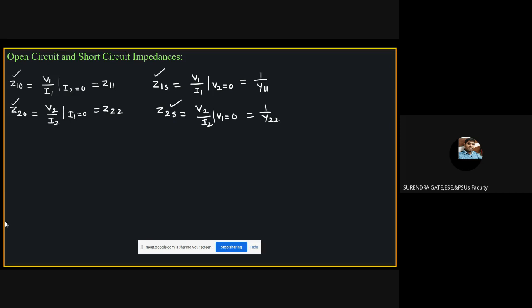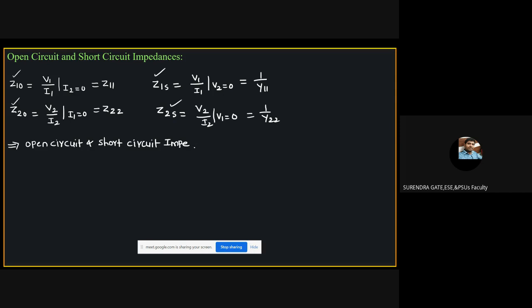Yes, friends. Now, what are the open circuit impedances in terms of the T parameters? I want to explain open circuit and short circuit impedances. Short circuit means voltage is 0.